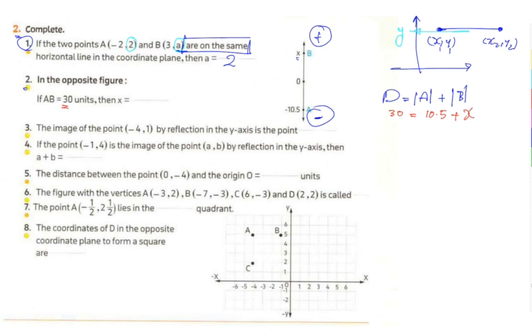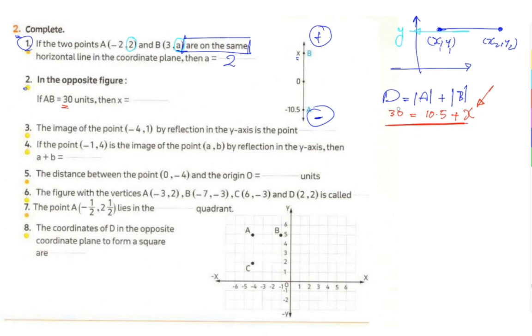Why do we add them? Because one is positive and the other is negative. Now I need to find x. That's easy. We have an equation with one unknown, so I can solve it. Let's make x at the left side.